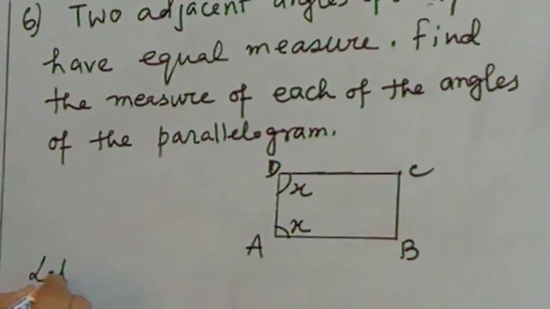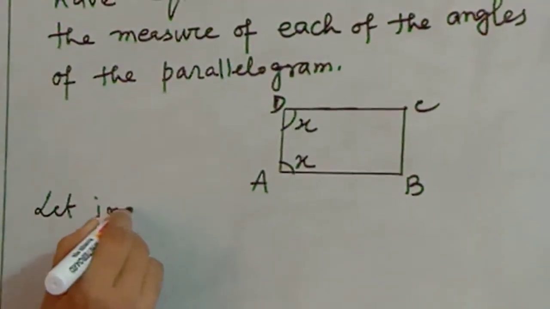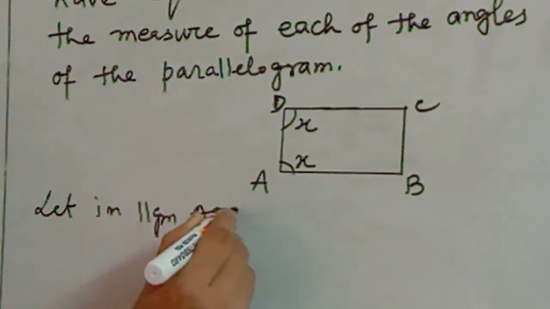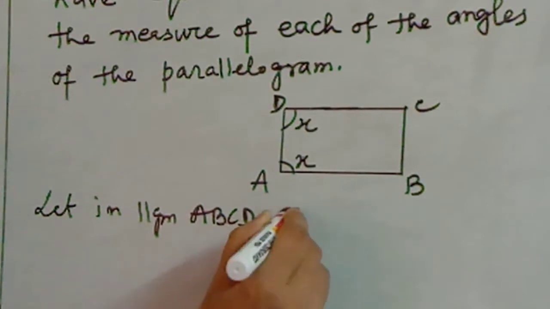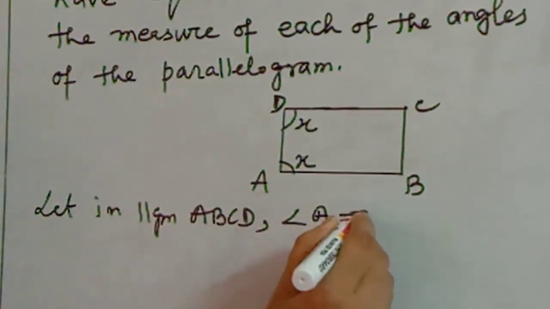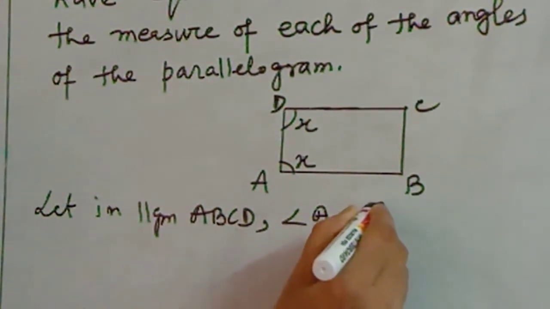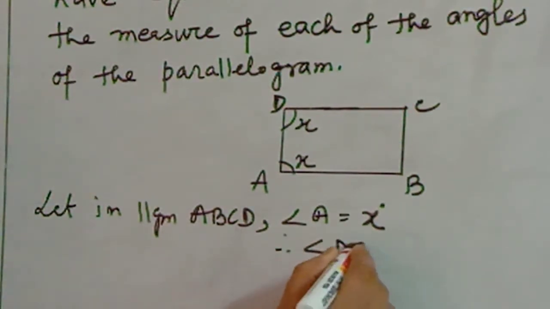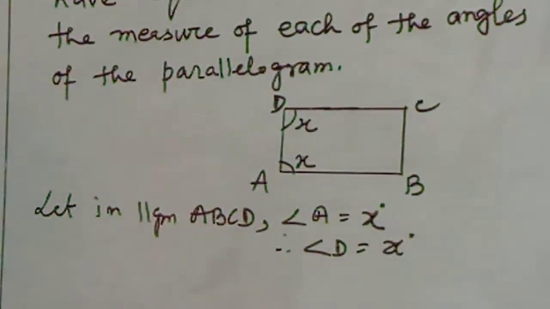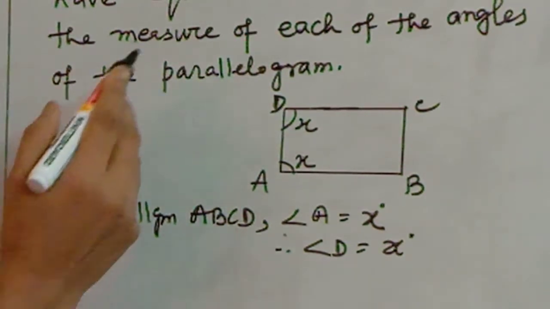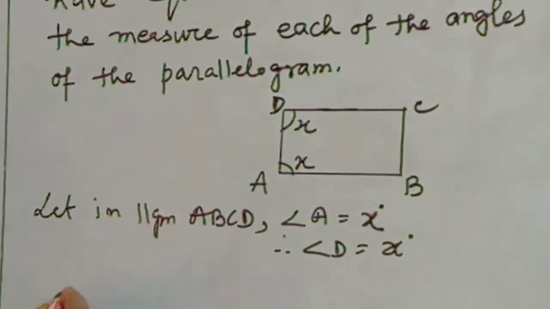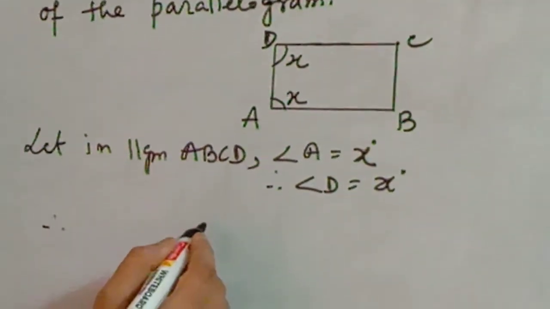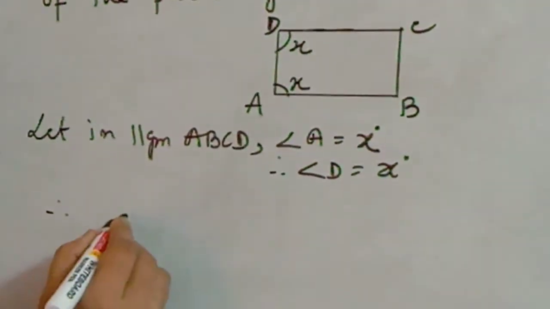In parallelogram ABCD, angle A is equal to x degrees. Therefore, angle D, the adjacent angle, is also x degrees. Adjacent angles are equal, it is given. And we know that the sum of the adjacent angles is equal to 180 degrees. Adjacent angles are supplementary.